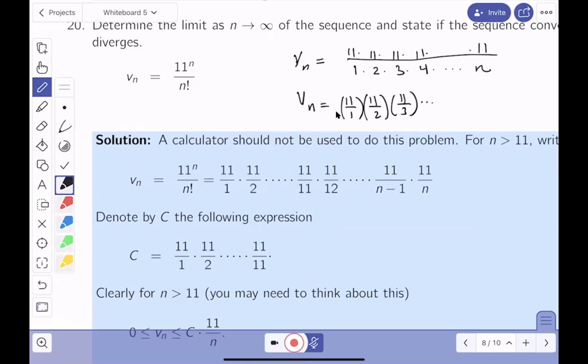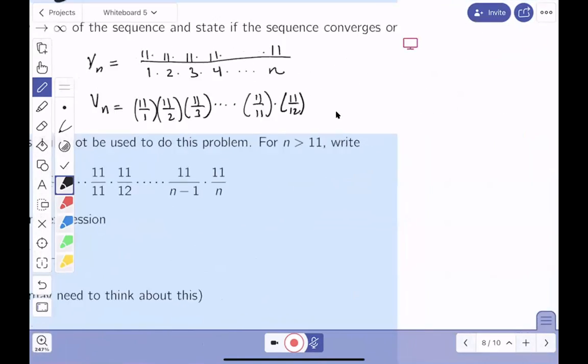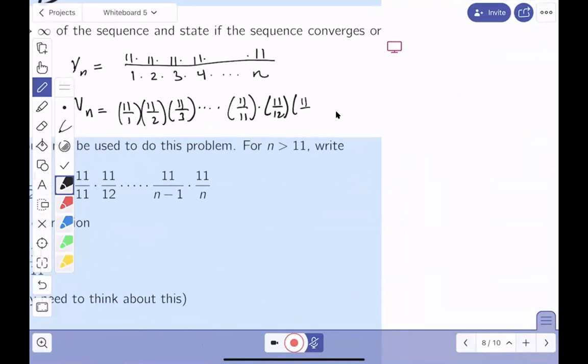Yada, yada, yada. We'd eventually get to 11 over 11. What's the one after that? 11 over 12. Sorry. 11 over 13. 11 over 14. I'm getting tired again. All the way up to 11 over n.